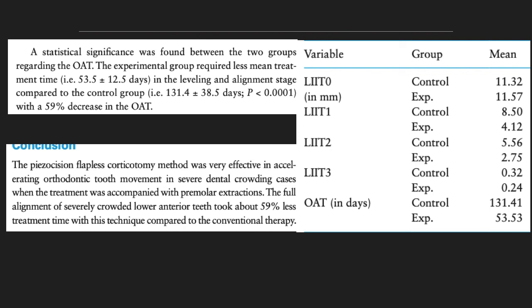How did they calculate that by 53 days? If 1 month, 2 months means 60 days, and at the 60 days they had 2.78, and they needed one additional month to resolve this crowding, and I don't know how they calculated that by 53 days.